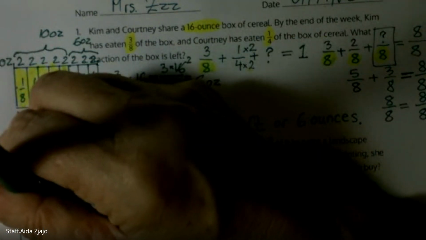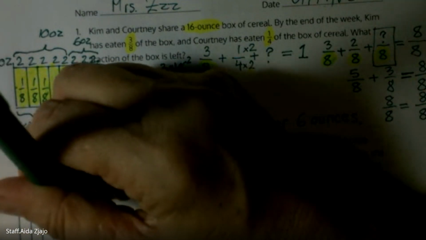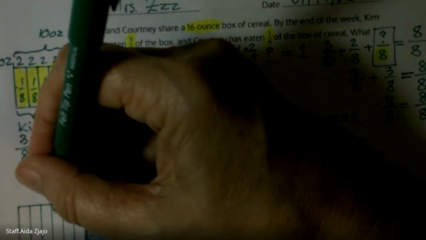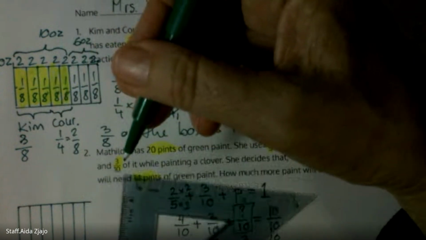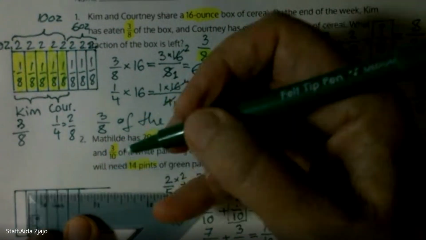Because it's an open rectangle, it's like an open number line, and I'm just making sure that the pieces are equivalent. So far I have 1, 2, 3, 4, 5, 6. So I need more. I'm going to extend a little more and see if I can make 4 more.